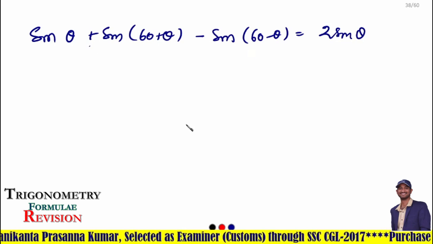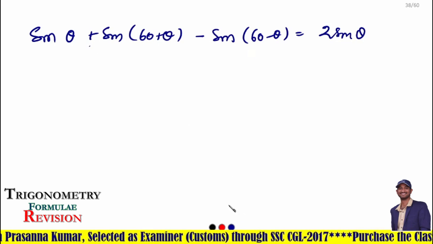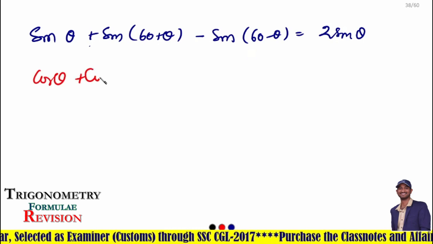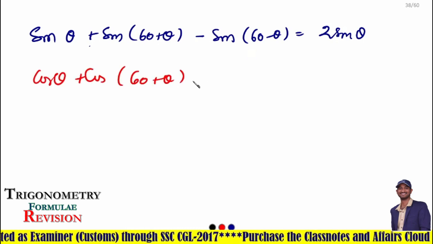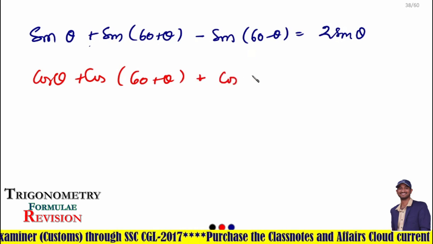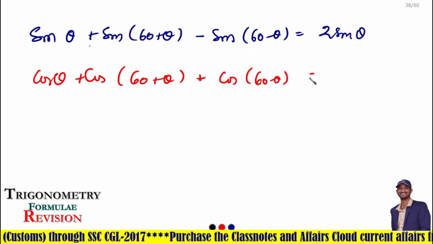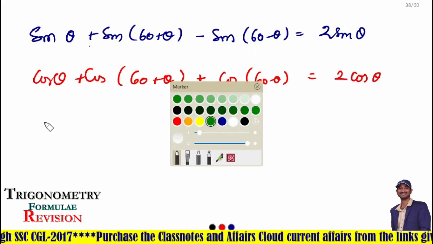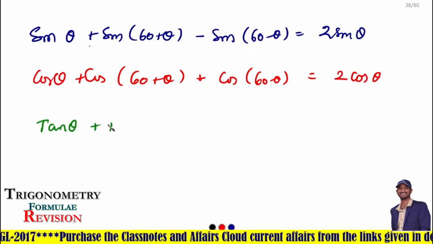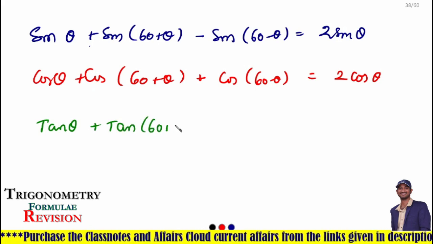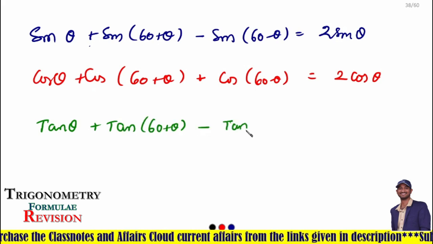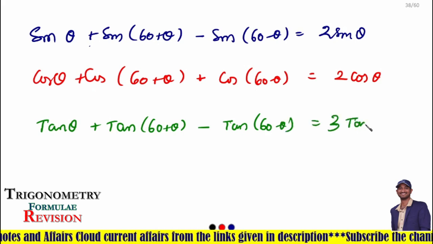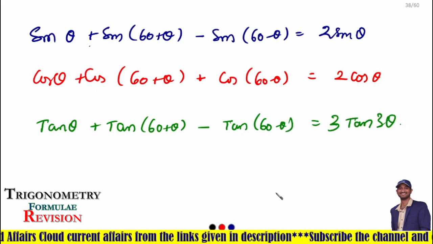Plus and minus is there, not multiplication, addition and subtraction. Similarly, cos theta plus cos 60 plus theta, all should be plus, cos 60 minus theta is equal to 2 cos theta. Similarly, for tan theta plus tan 60 plus theta minus tan 60 minus theta is equal to 3 tan 3 theta. 3 tan 3 theta.